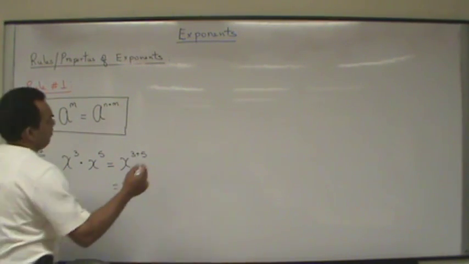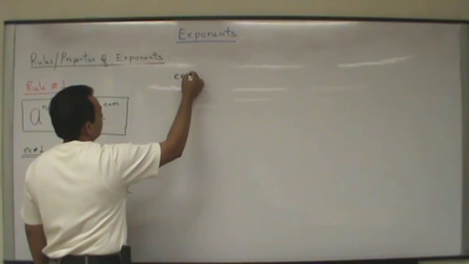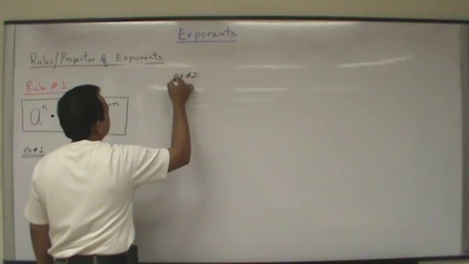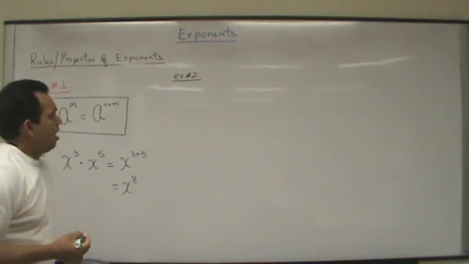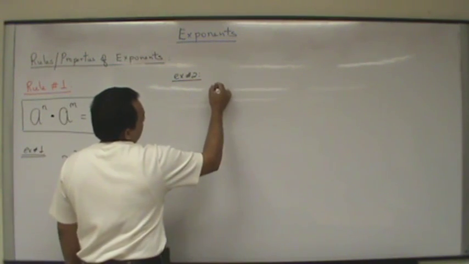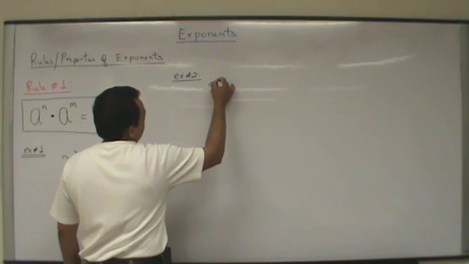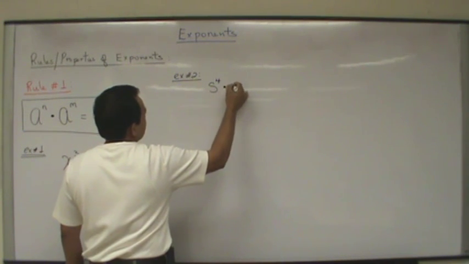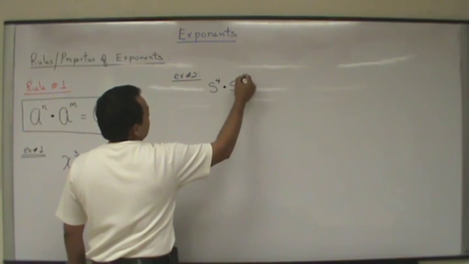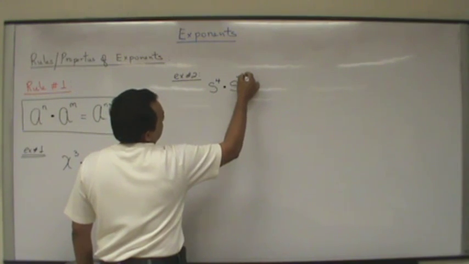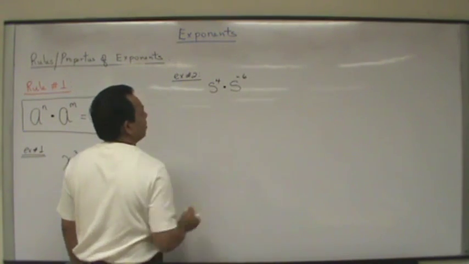If we look at another example, how about if I have s to the 4th power times letter s to the minus 6th power?